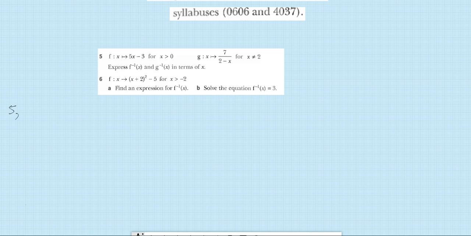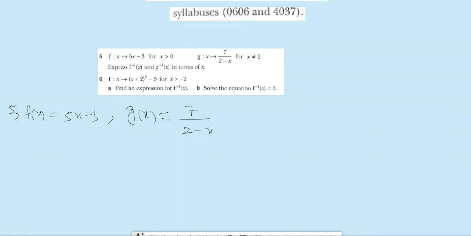Question number 5: f(x) is equal to 5x minus 3, and g(x) is equal to 7 upon 2 minus x. First part is find f inverse x and g inverse x.